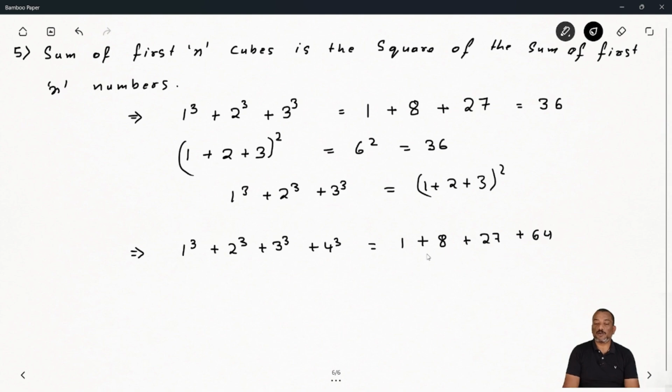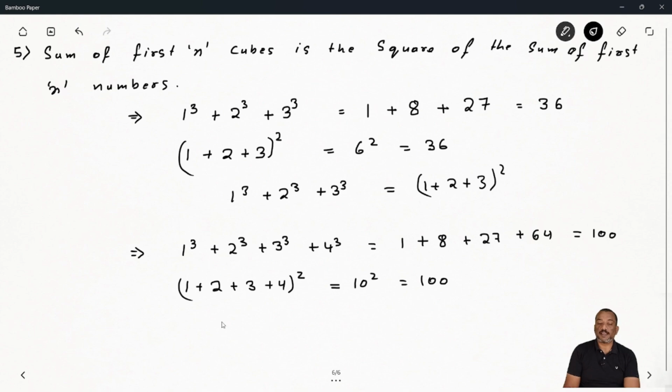Their sum: 1 plus 8 is 9, 9 plus 27 is 36, and 36 plus 64 is 100. Now the square of the sum: 1 plus 2 plus 3 plus 4 is 10, and 10 square is 100.